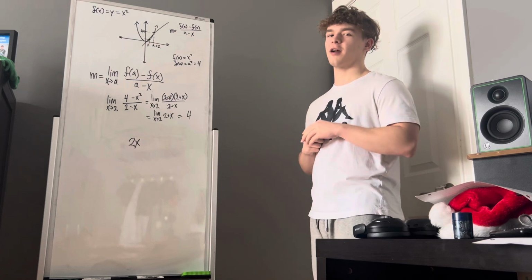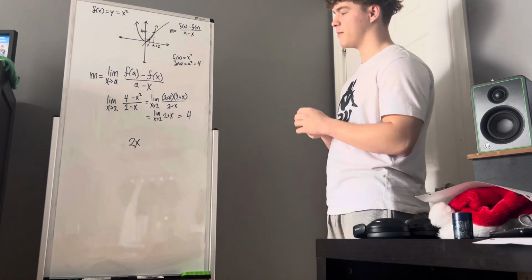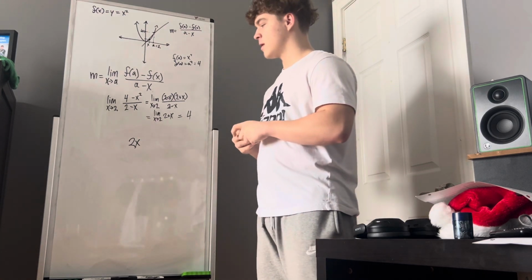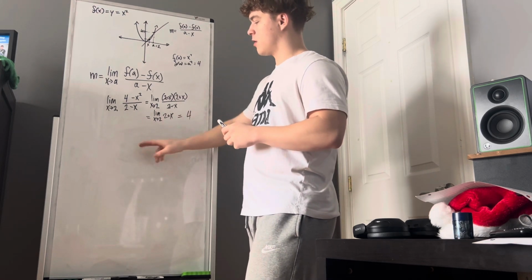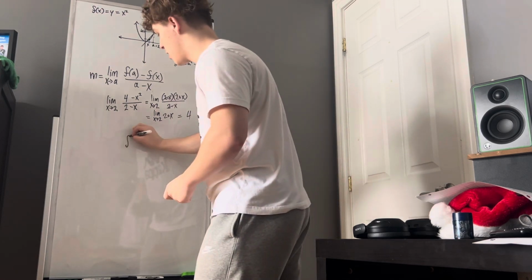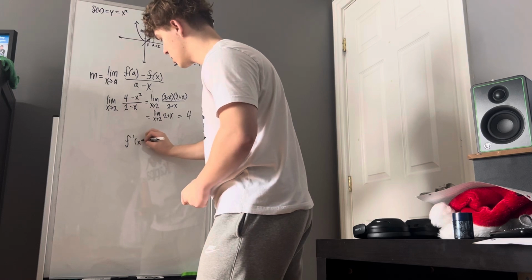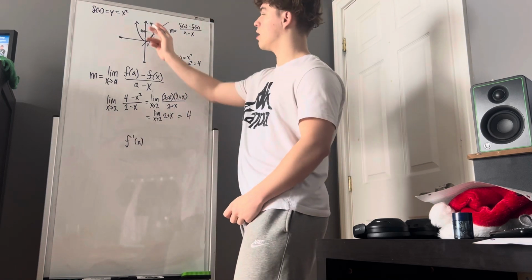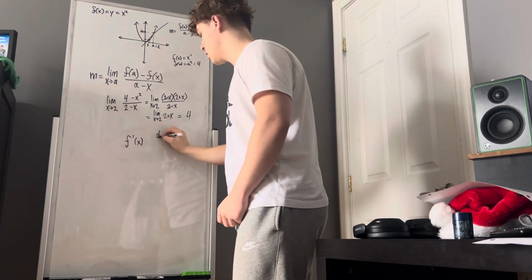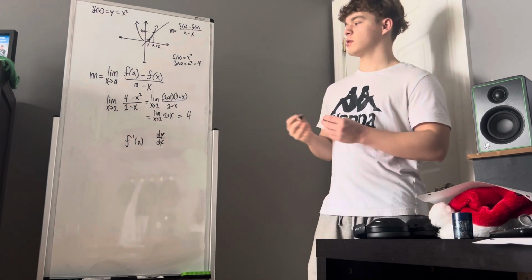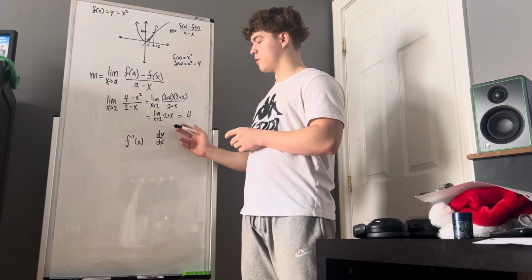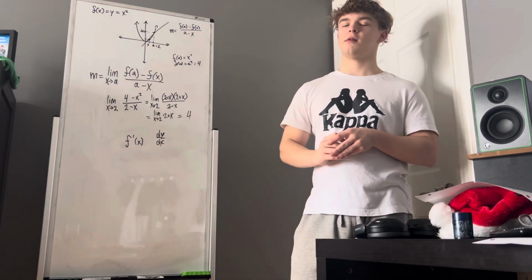Now we'll find out why I actually said that in the next video, but for now, I'll just show you guys that function we can call f prime of x, or we could call it dy dx. So it's the derivative of y with respect to x.